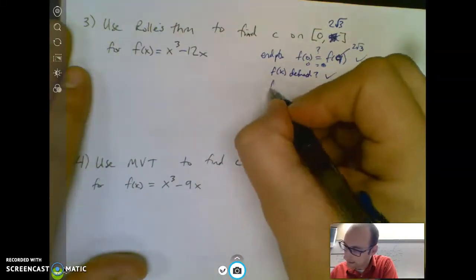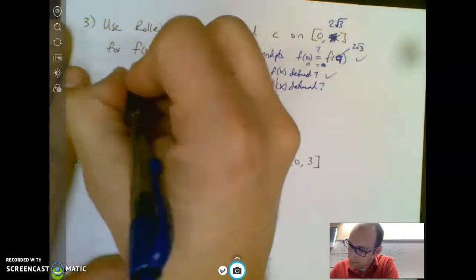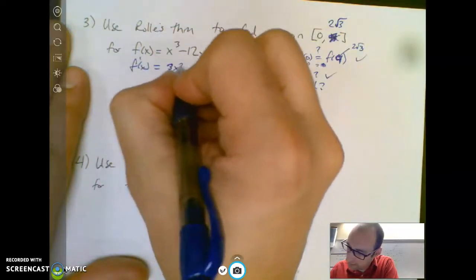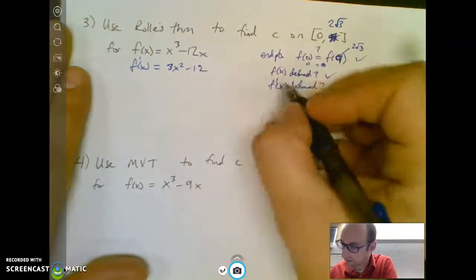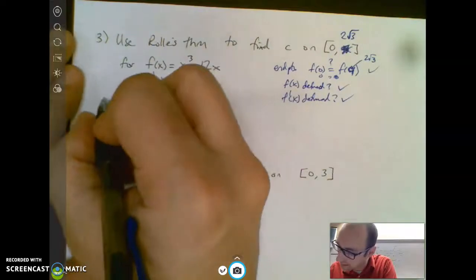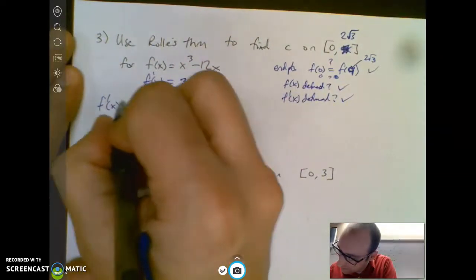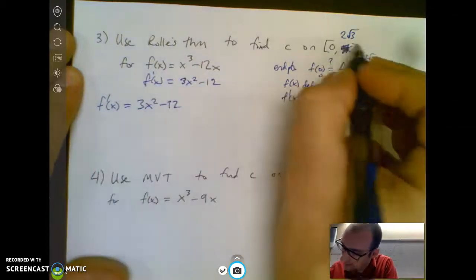Is f of x defined? Yes. And is f prime of x defined? Well, let's check. We should probably find f prime of x. 3x squared minus 12. There's no fractions, no radicals, so we're cool on that. So it passes all the tests, which means I should be able to find at least one place where the derivative equals 0 on my interval.